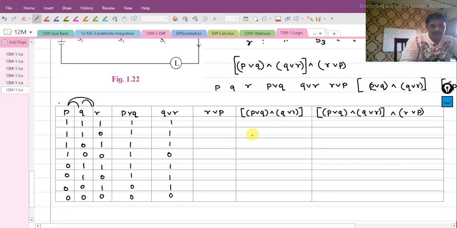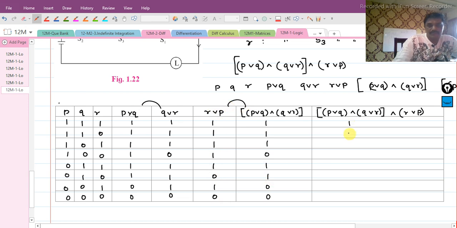ORing of these two gives 1 1 1 1 1 0 1 0. Any doubt so far? Next I need ANDing of these two: 1 1 1 0 1 1 0 0. And now I need ANDing of these two: 1 1 1 0 1 0 0 0. So that's the answer. Any doubts about this?